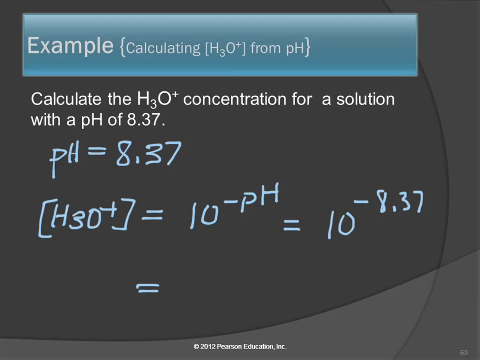So my answer is going to be 4.3 times 10 to the minus 9 molar. All these concentrations are in moles per liter. Are your calculators cooperating with you?